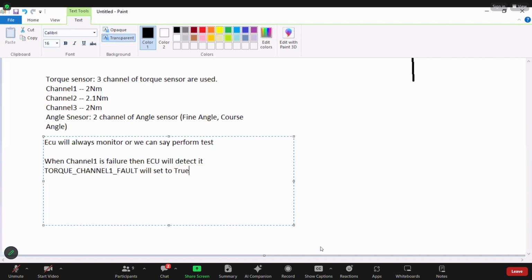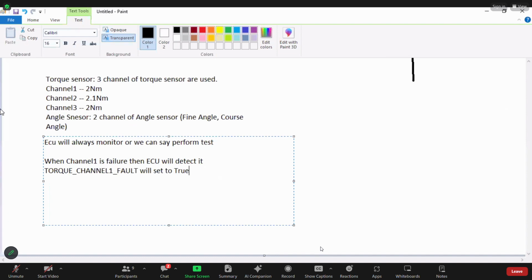Guys, have you understood this? The ECU will continuously run the test. When the test fails, that means that particular thing is not working. There is an issue. If an issue is detected, then that issue has to be captured in the ECU and it will trigger a related fault.